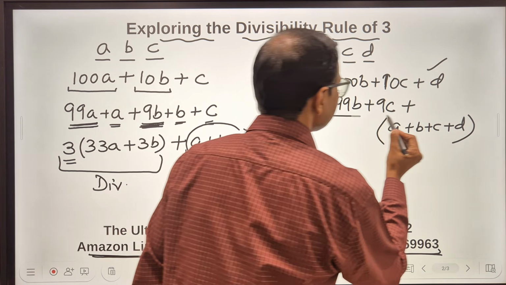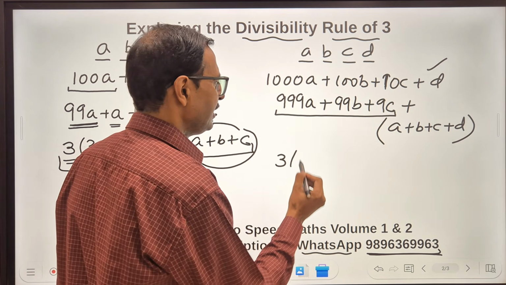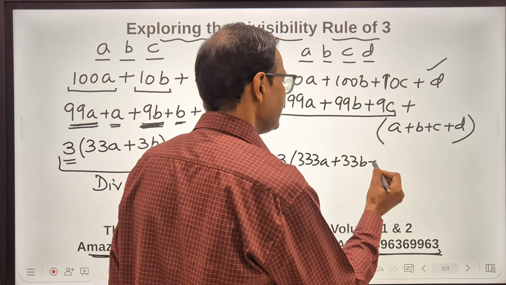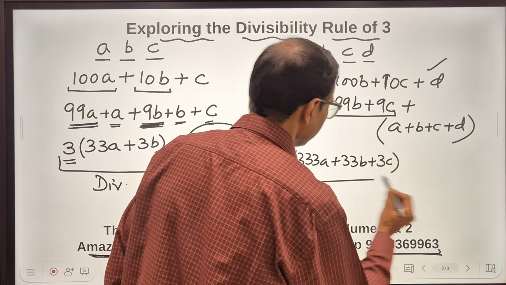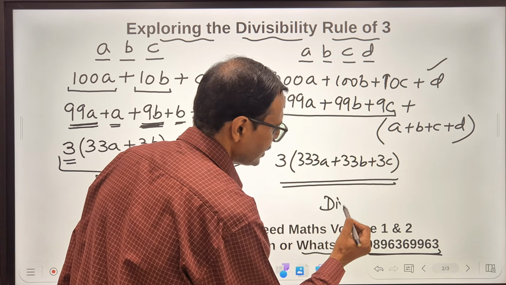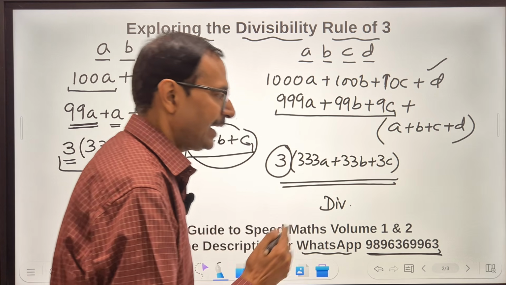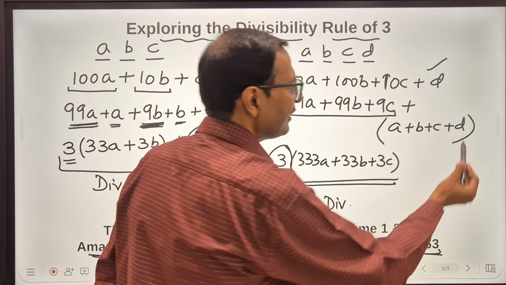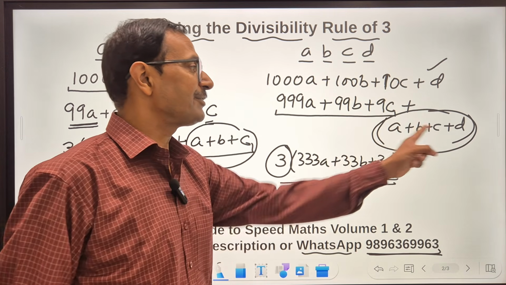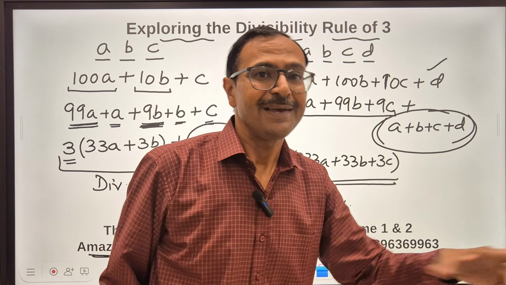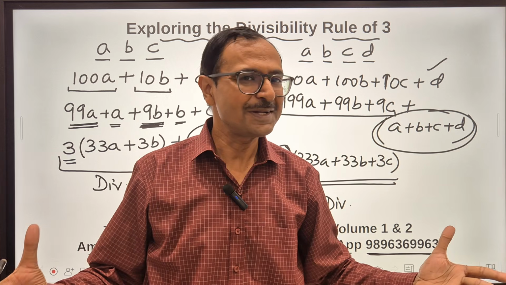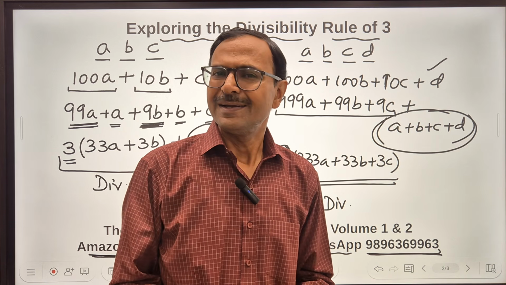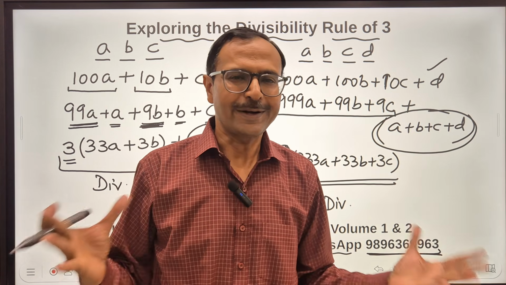Now out of these 3, I have a common factor 3, which gets me 333A plus 33B plus 3C in the bracket, and this becomes divisible by 3 because 3 is a common factor, and therefore my 4-digit number will be divisible by 3 only when this part, that is the sum of the digits A plus B plus C plus D, is divisible by 3. And that's where the rule is. Understand and learn. Enjoyable maths is all about understanding.